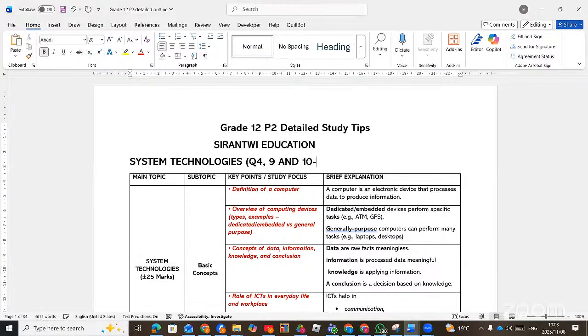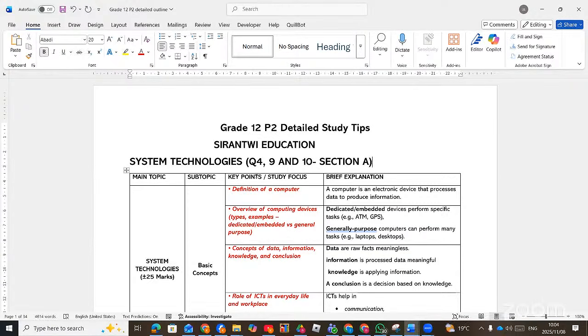Then also multiple choice, that's section A. Right. So that is the system technology question number that you must always watch out for.